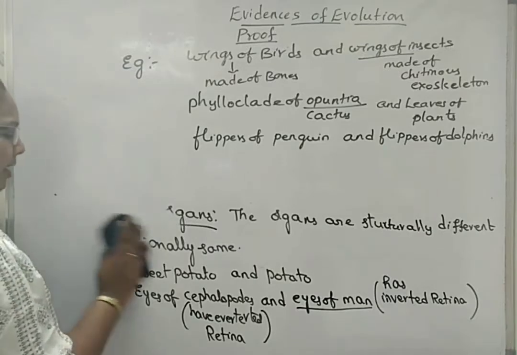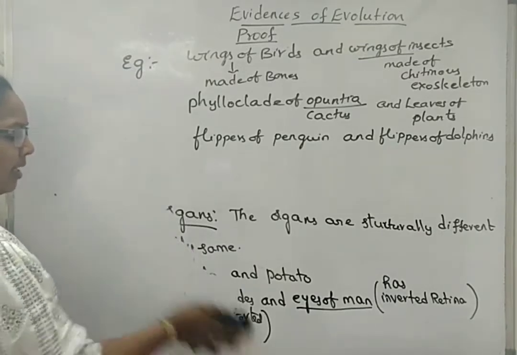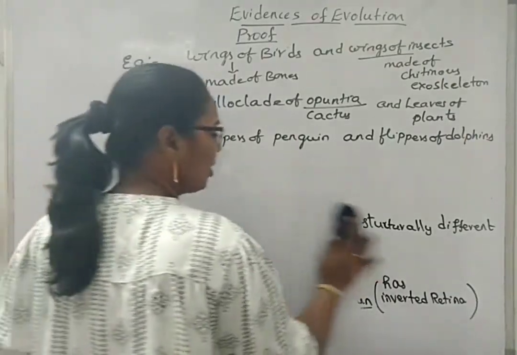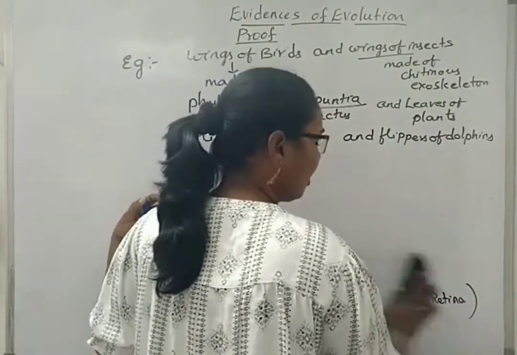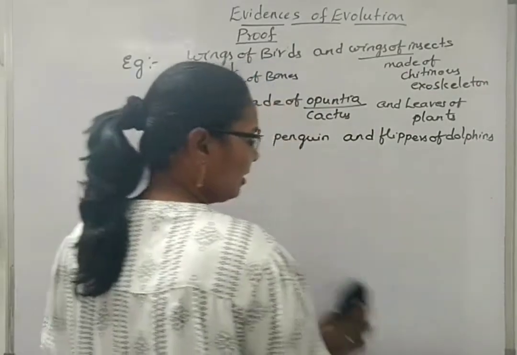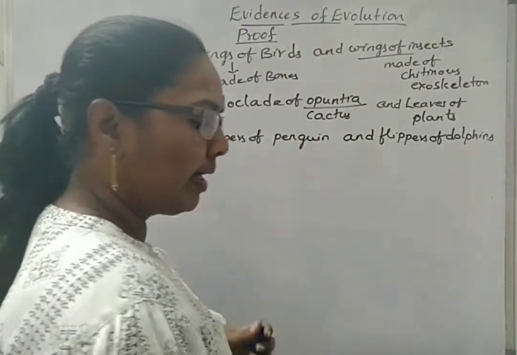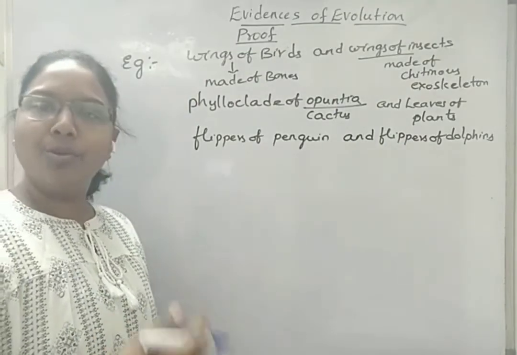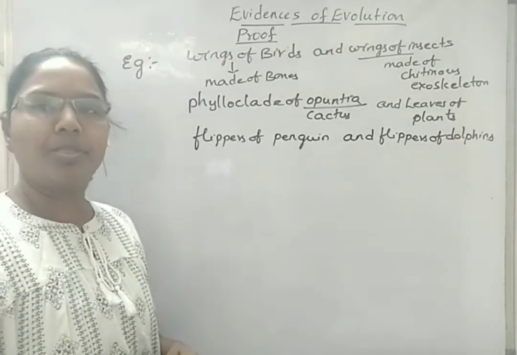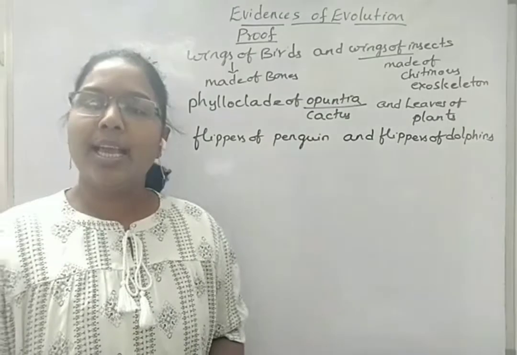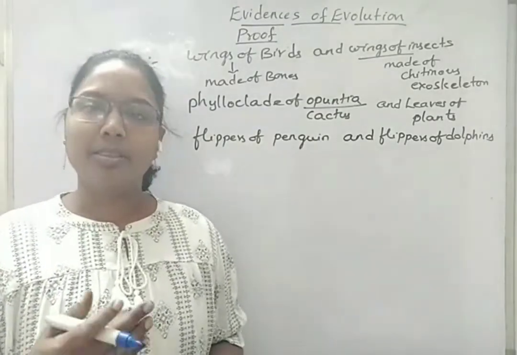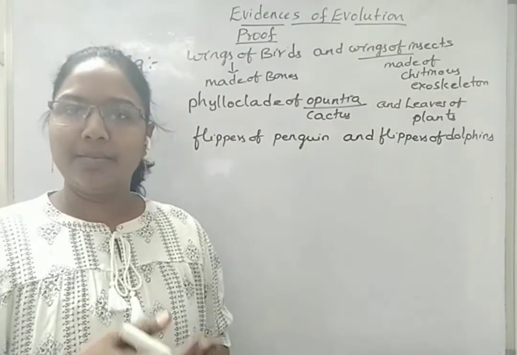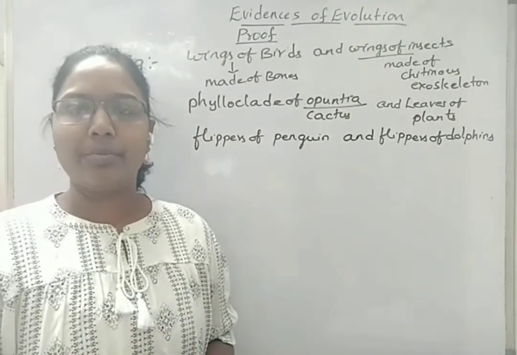Next, continuity under morphological and anatomical evidences is about vestigial organs. What are vestigial organs? The organs that are functional in the ancestors but became non-functional in the present generation because of no purpose of them. Suppose during ancestral time, they were habituated to eating greenery, like herbivorous type of food habits.